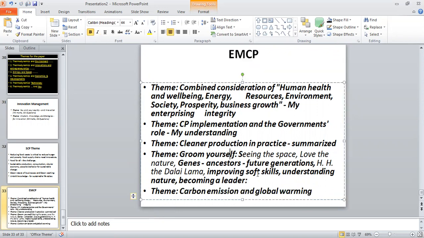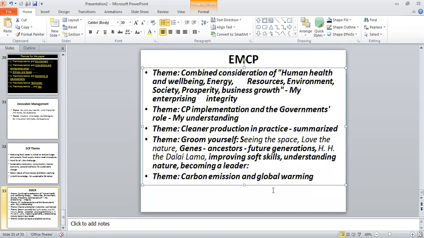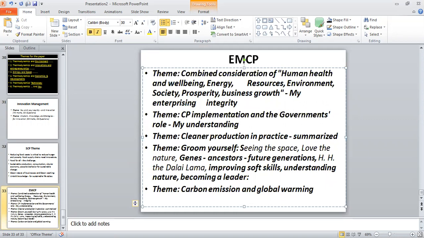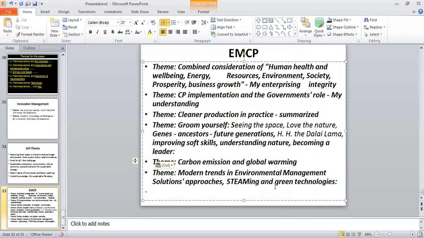Another theme: carbon emissions and global warming. And one more theme is there, so let me put it there as well. See, modern trends in environmental management solutions and approaches.